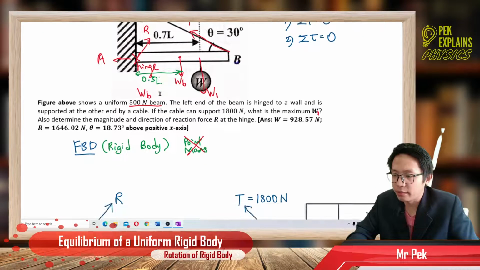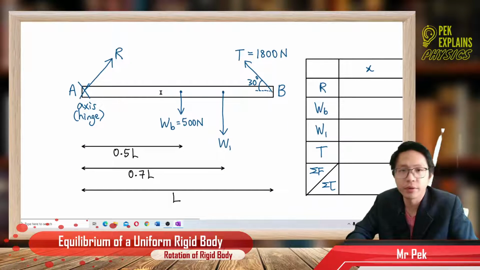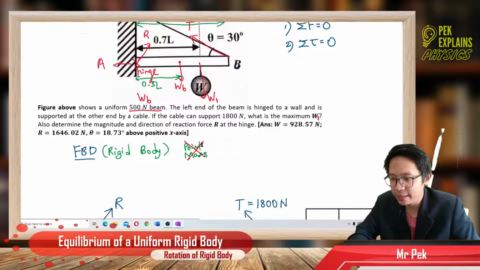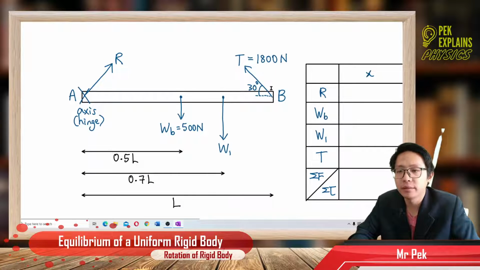So, here is a better diagram. I pre-drew it. Just now we know that at the hinge, it has a reaction force. At the center, it has the weight of the beam. And the weight which is hanging, we put as W1. And the cable is pulling up. It has tension.